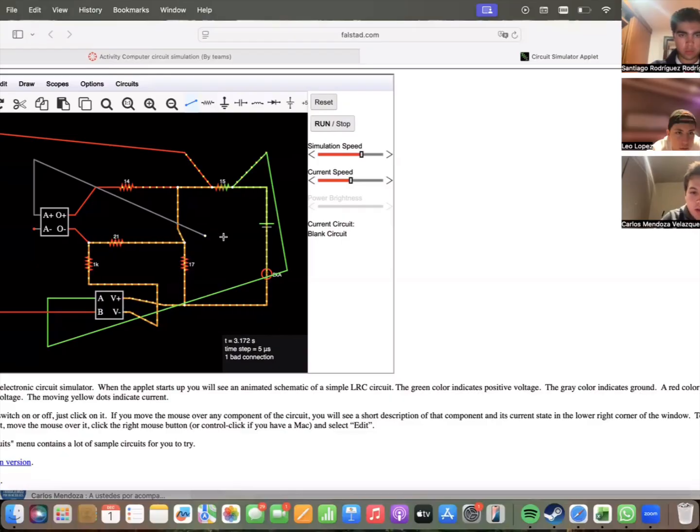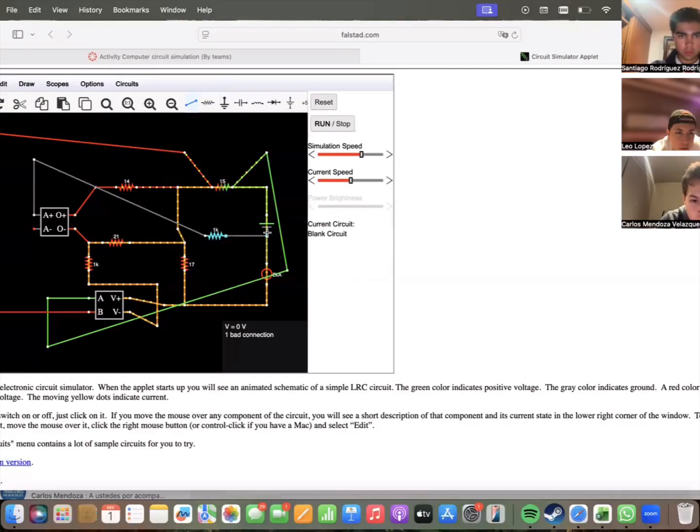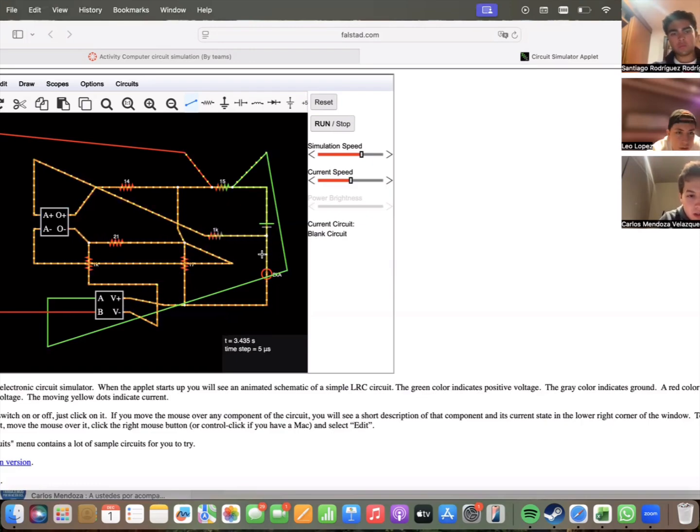And here I forgot a resistor. Yeah, there it is. And the A minus is going to be connected to this node. I get the wire, go this way, and go this way. There it is.